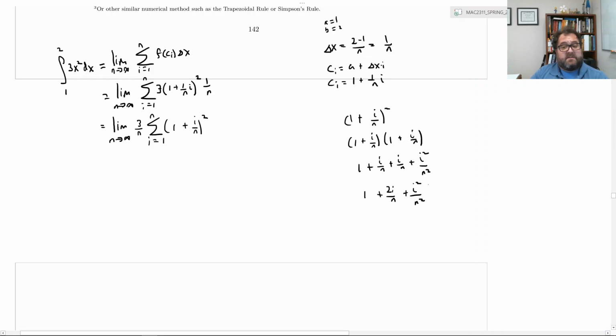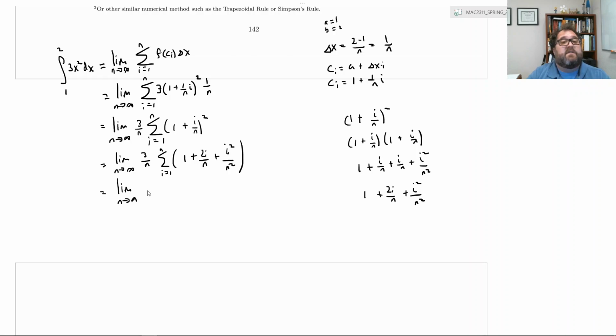So now I can replace the 1 plus i over n squared with my 3 new terms, and I get the limit as n goes to infinity, 3 over n times the sum from i equals 1 to n. Now I have 3 terms: 1 plus 2i over n plus i squared over n squared. And now, just like we've seen several times now, my immediate next move is to take the sums individually.